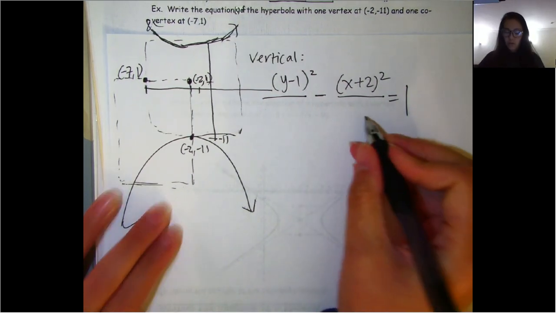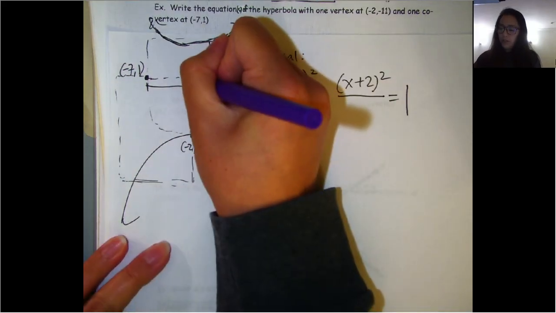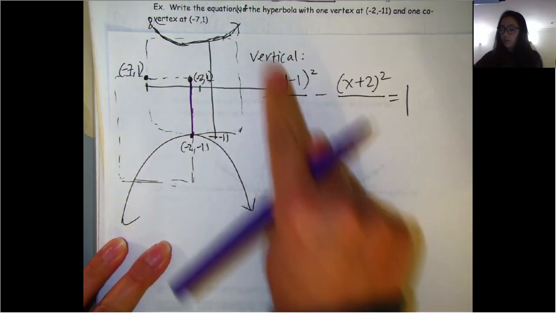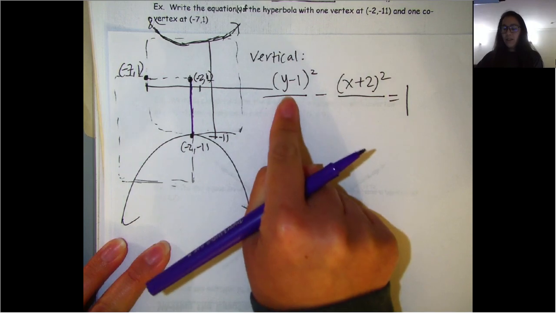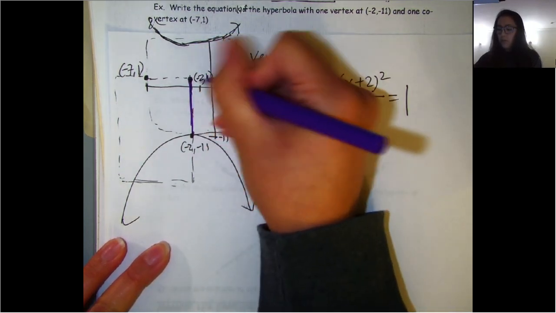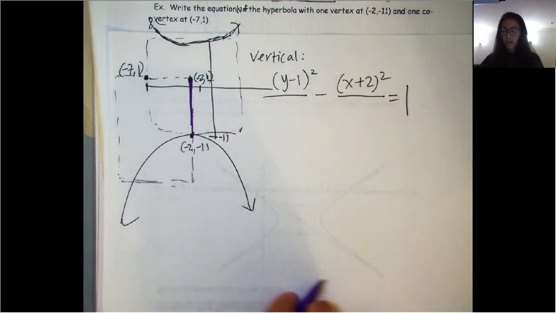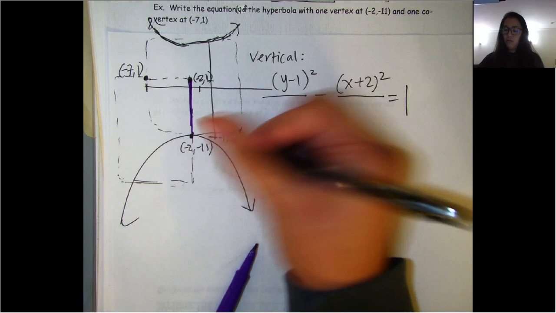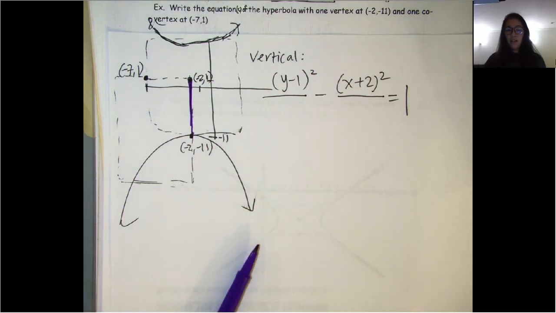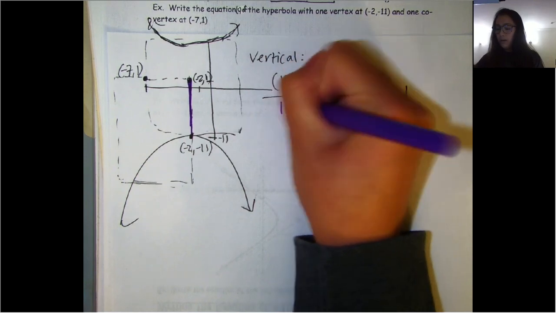We're going to want to find those distances. Since it's a vertical hyperbola, the distance from the center to the vertex, between a y value of 1 and a y value of -11, is 1 minus -11, which is 12. So over here, we put 12 squared.